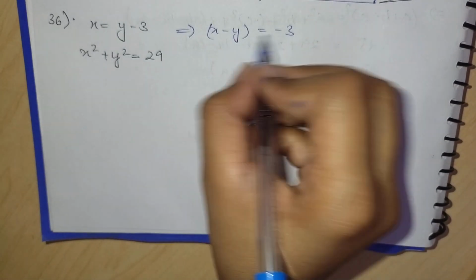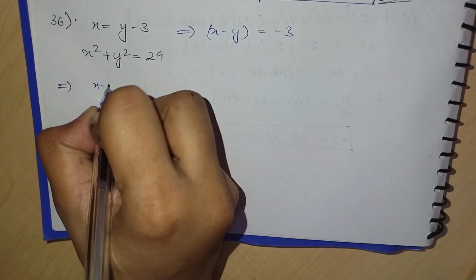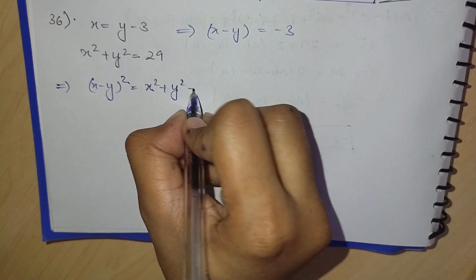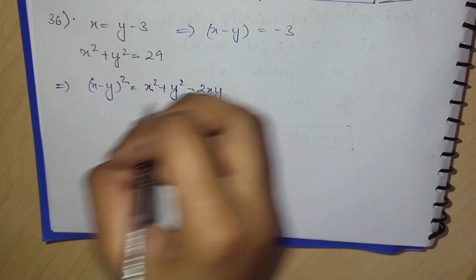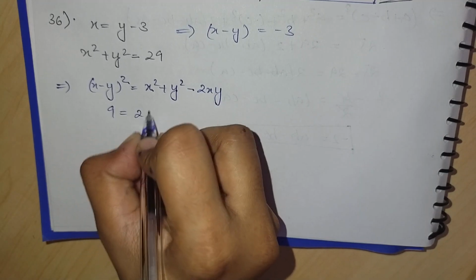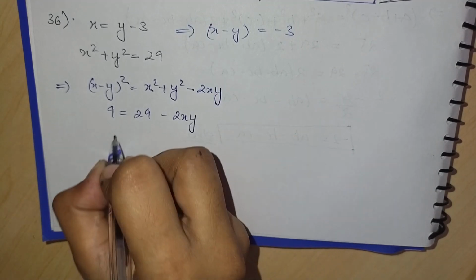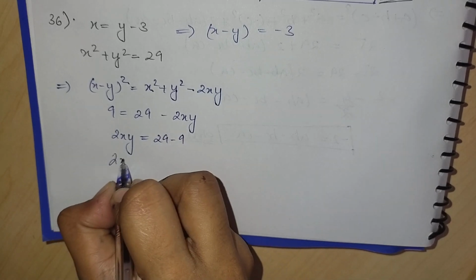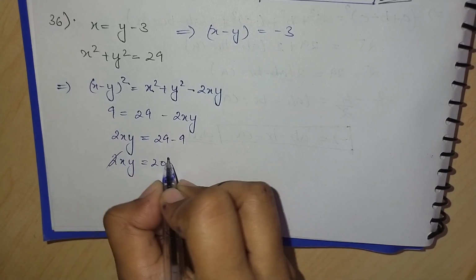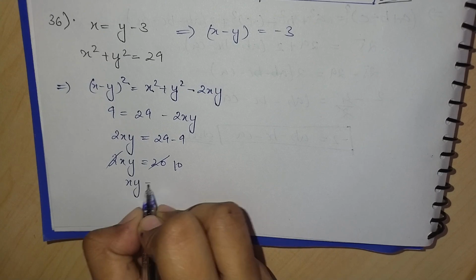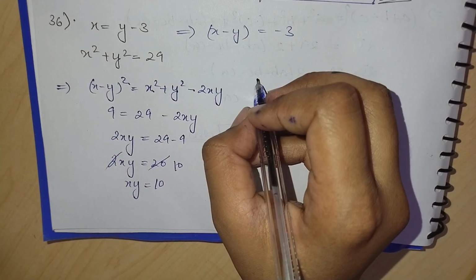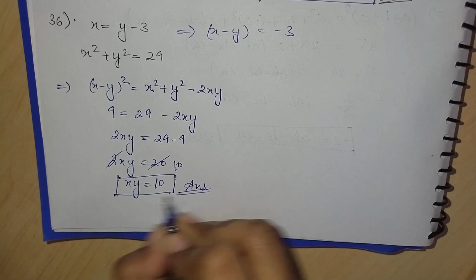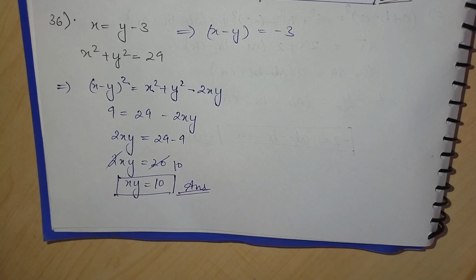Now on squaring this, we will get (x minus y) whole square equal to x square plus y square minus 2xy. Putting the values, we will get 9 equals 29 minus 2xy. So 2xy is equal to 29 minus 9. Here 2xy is equal to 20. So on cancelling this, we will get xy equal to 10. We have to find the product of x and y, so it is equal to 10 in this question.